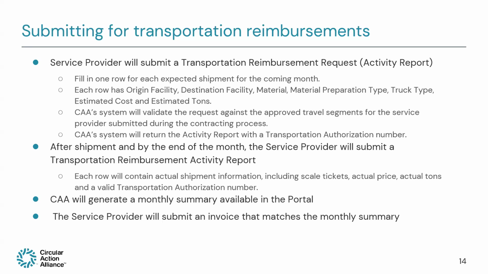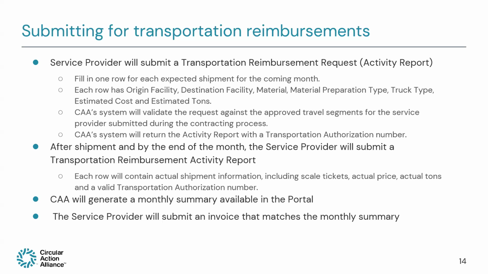All right, so transportation reimbursements. As I said, for each movement of material that you're going to be requesting reimbursement on, you're going to need to submit an activity report and get a transportation authorization number back.